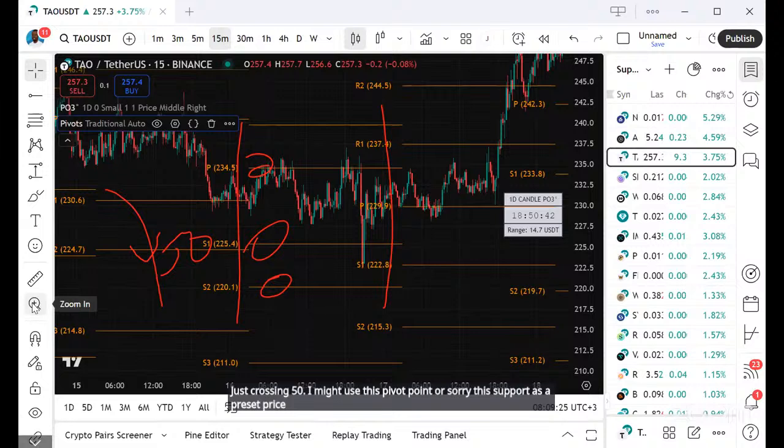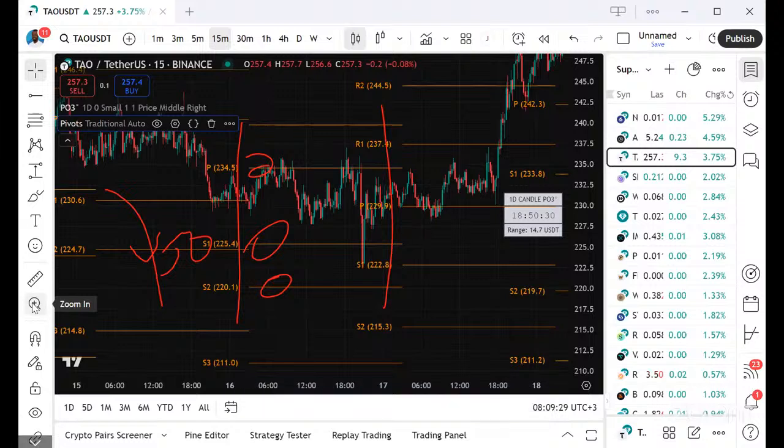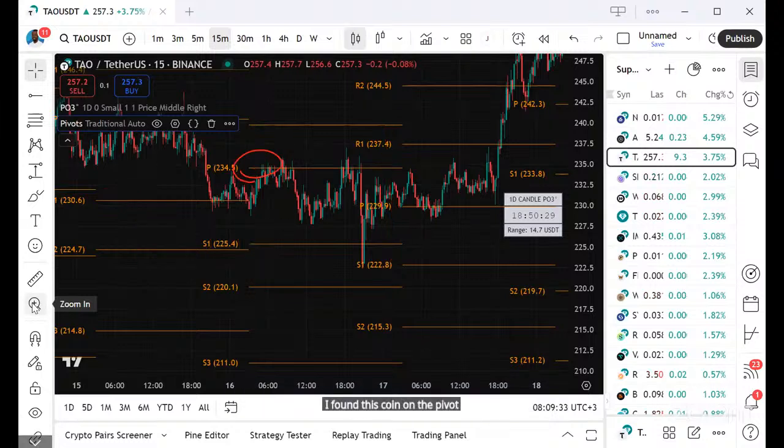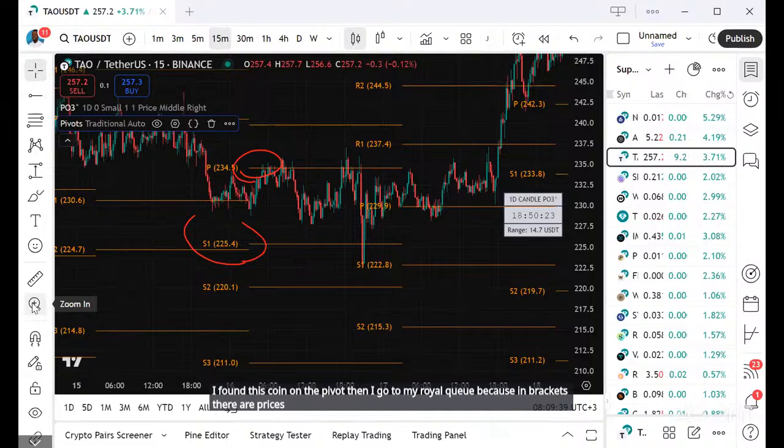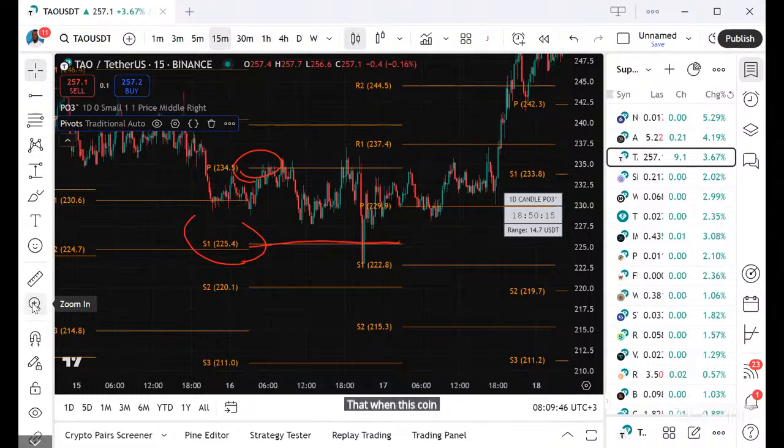For example, I found this coin on the pivot. Then I go to my Royal Q because in brackets there are prices. Does that make sense to someone? Then I go set a preset price so that when this coin gets to support 1, the robot enters.